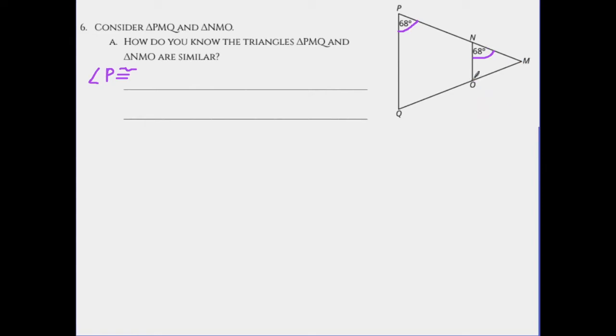So for N, we need to go from O to N to M. Yeah, a little confusing, but we can label it with 3 as long as that one's in the middle, that N is in the middle.